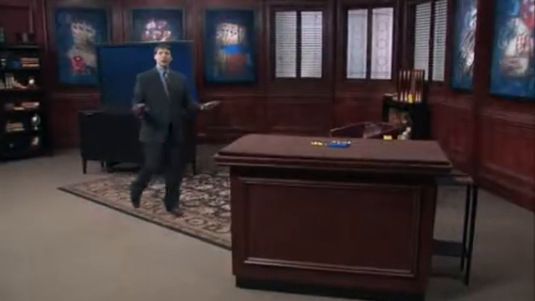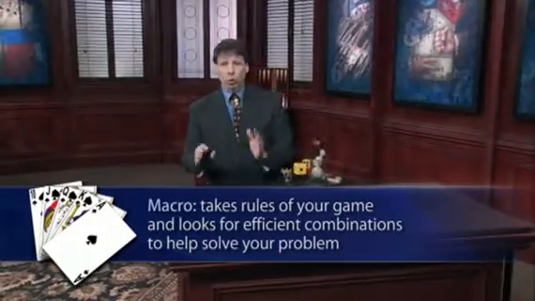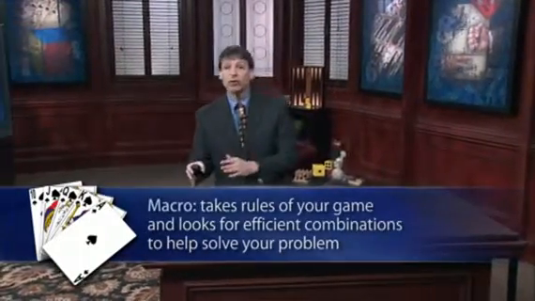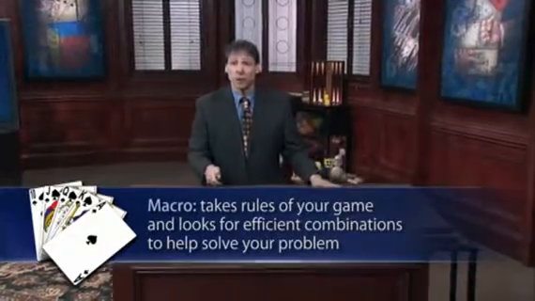In this lecture, we've seen how mathematics plays an interesting role in solving and understanding various puzzles. Although the puzzles we considered were very different, their solution methods had some common elements, which apply to many other puzzles as well. One thing to look for when solving a puzzle is what computer scientists sometimes call a macro. A macro takes rules of your game and looks for efficient combinations of those moves that help you solve your problem.